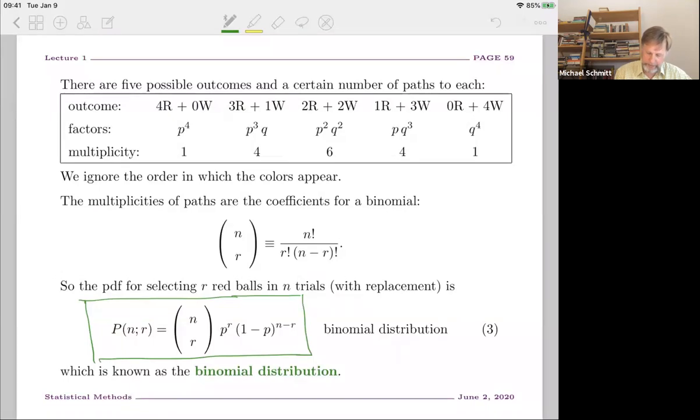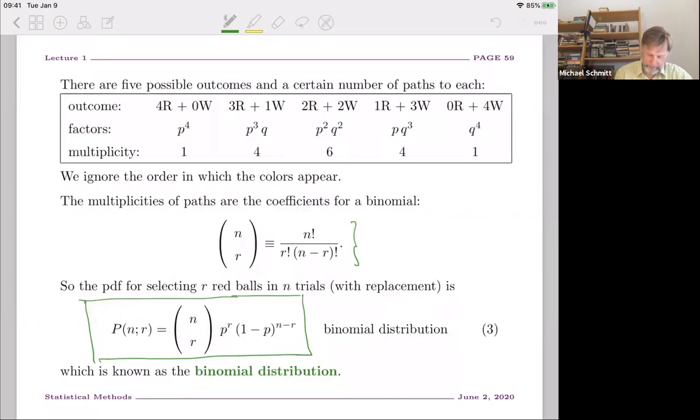It depends on P and Q. Remember, Q is 1 minus P. If R is the number of red balls that you got and N is the number of balls you pulled out of the basket, then it's P to the R times 1 minus P to the N minus R. So the probability of success raised to the number of successes power, times the probability of failure raised to the number of failures power.